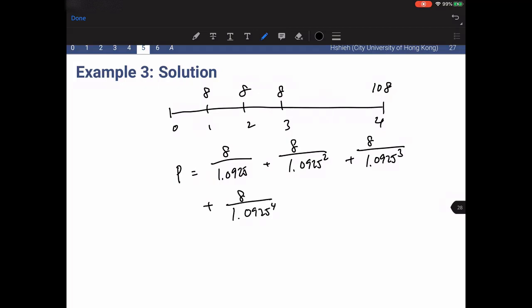And then 108 divided by 1.0925 to the 4th power. That's equal to 95.97.